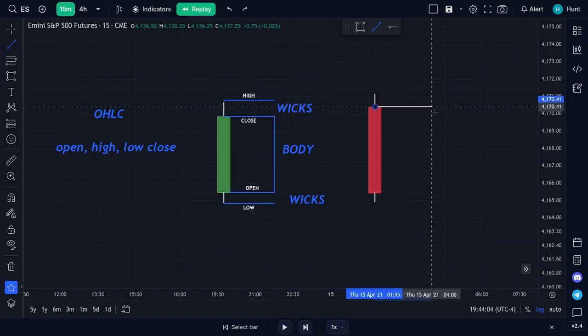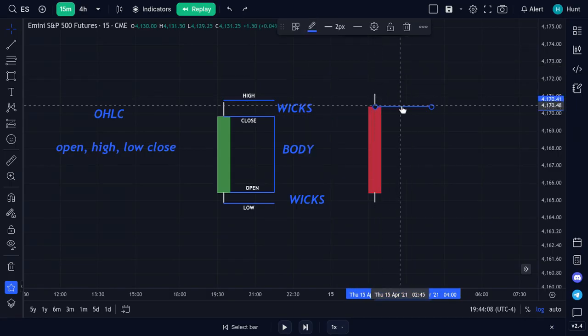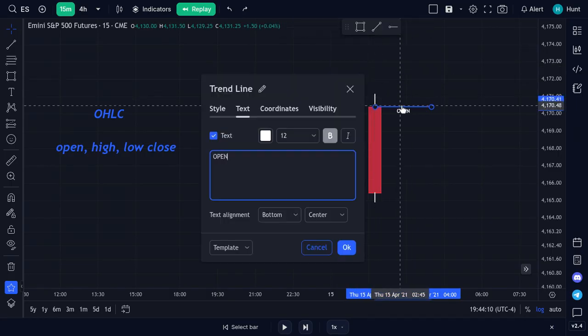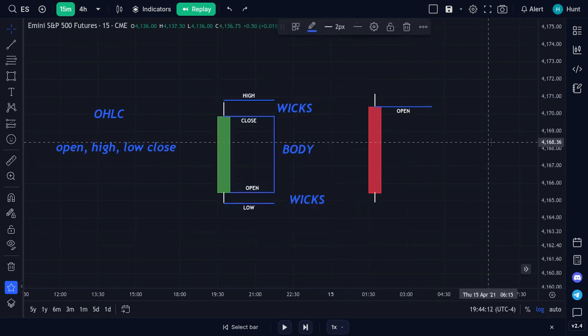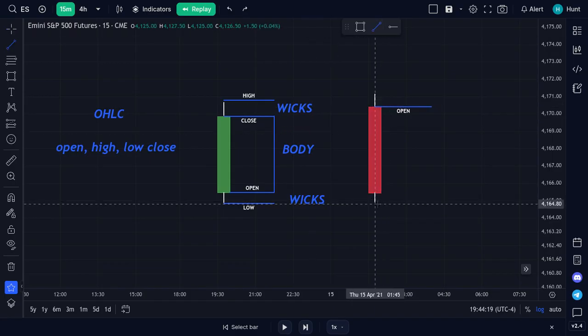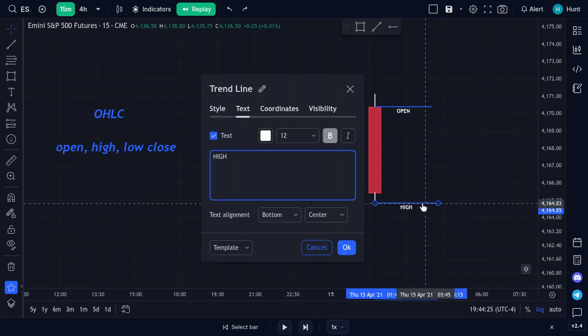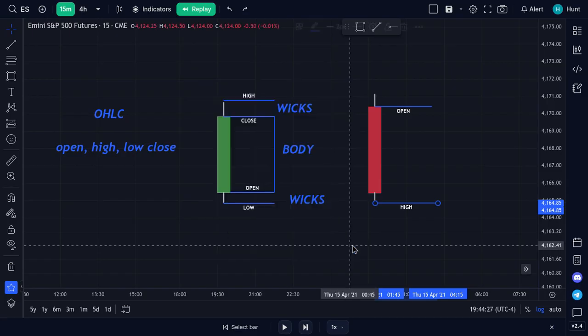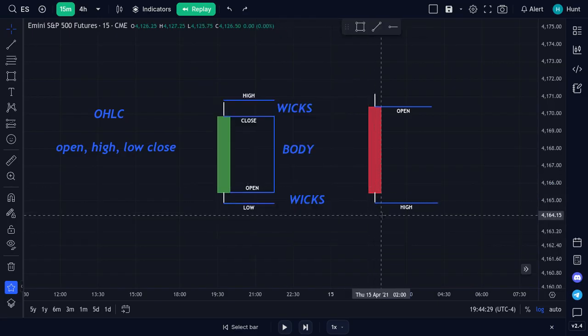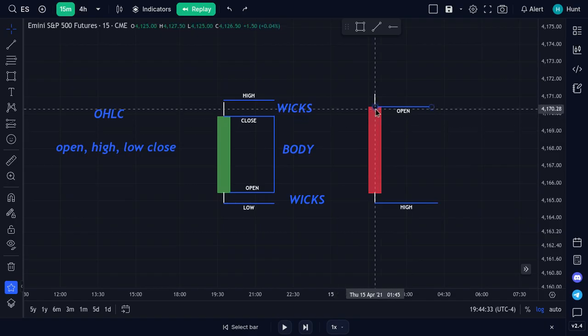So we'll make this blue again. So this would be where the candlestick opens. Obviously, like I said, just remember it's reversed. So this would be where it opens. This would be the highest point of that candle, which, yes, it would technically be a low, but this is the highest point of that candle, because remember, it's a bearish candlestick.